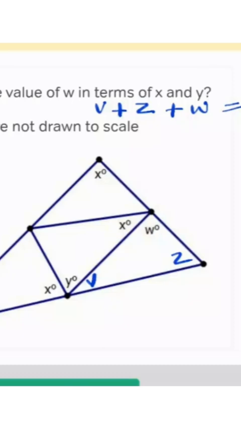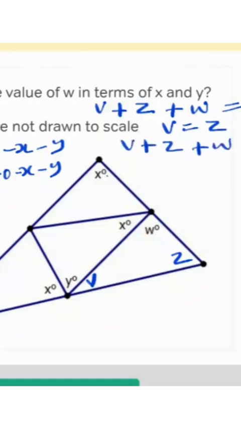Y plus S, 180 minus Y minus S is V, and is also Z. You see, Z equals V. Meaning that V plus Z plus W equals 180, already established.